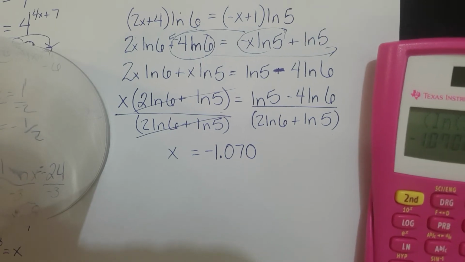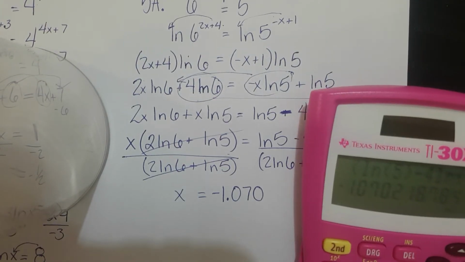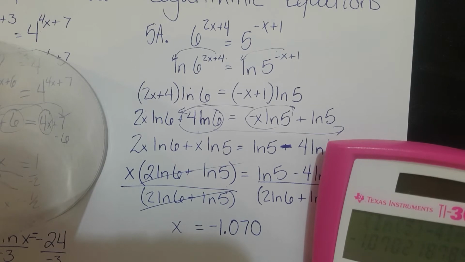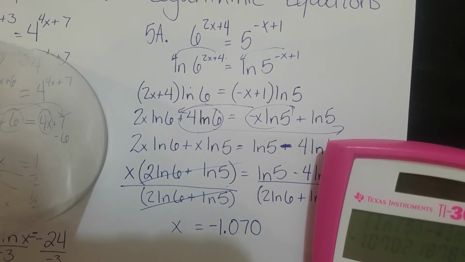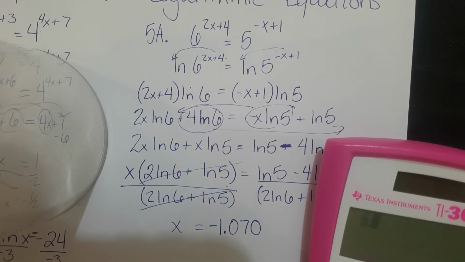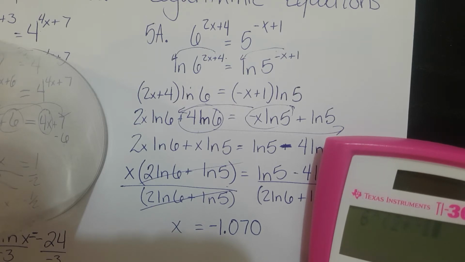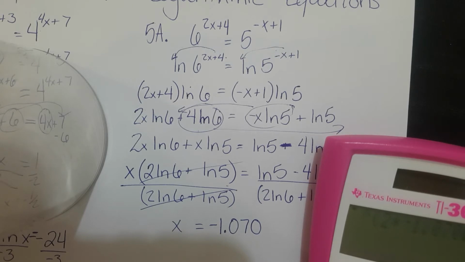And again, like I was saying before, you can always plug that in to your original to double check it. So for example, I would do 6 to the power of, I need brackets because of this calculator, 6 to the power of brackets 2 times negative 1.070 plus 4.